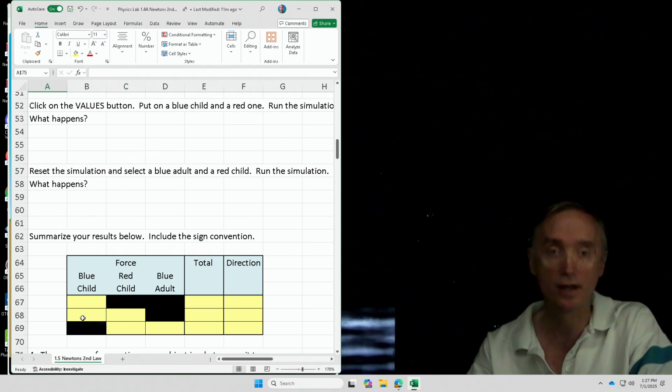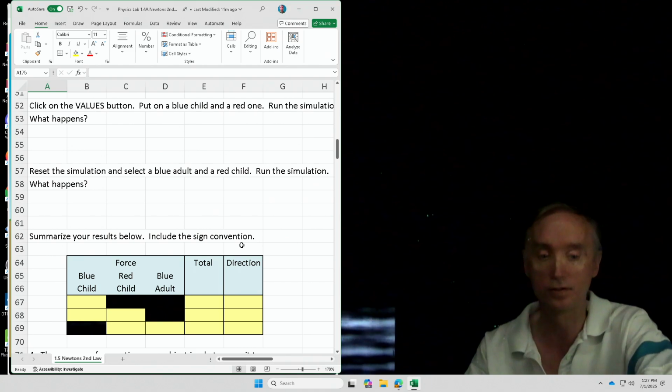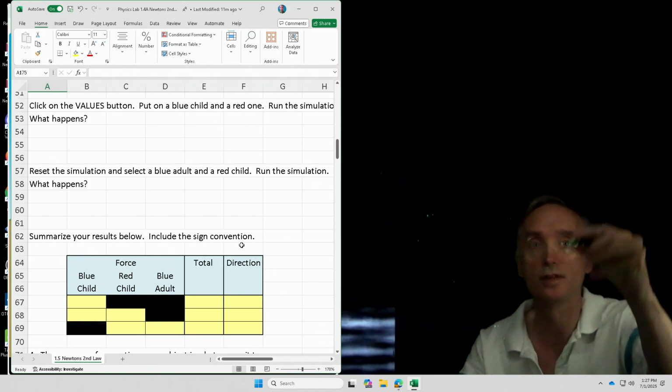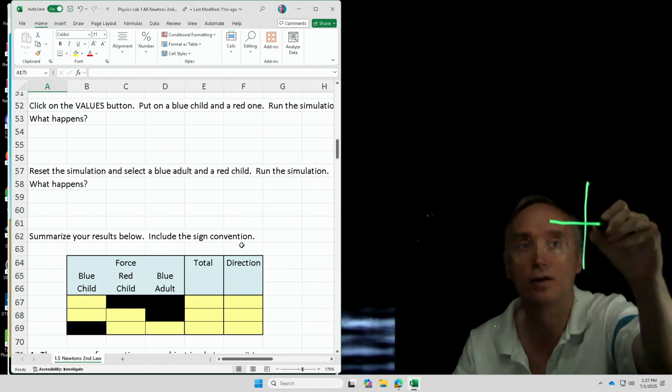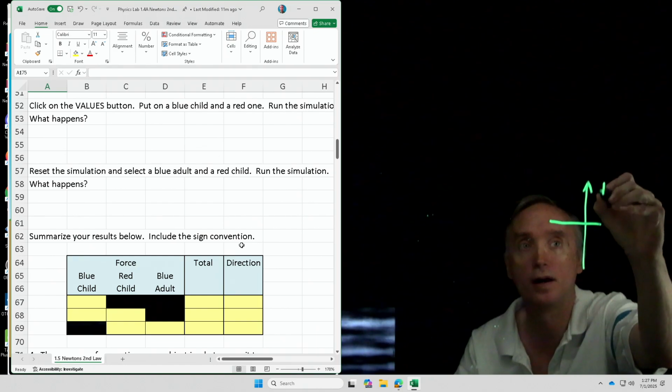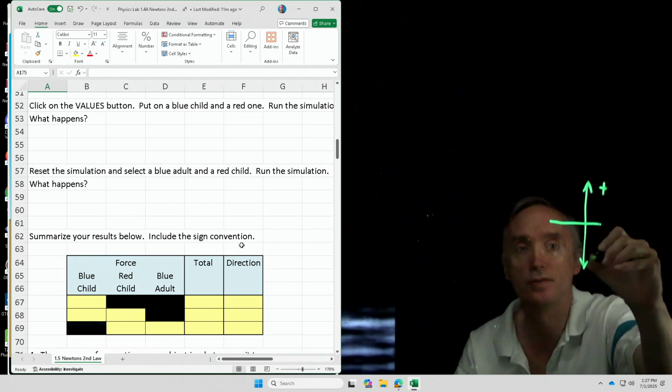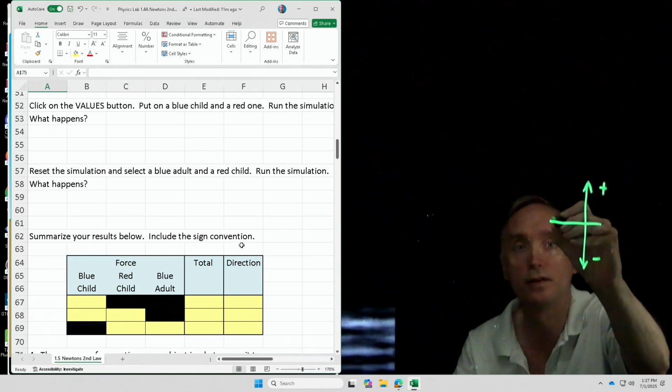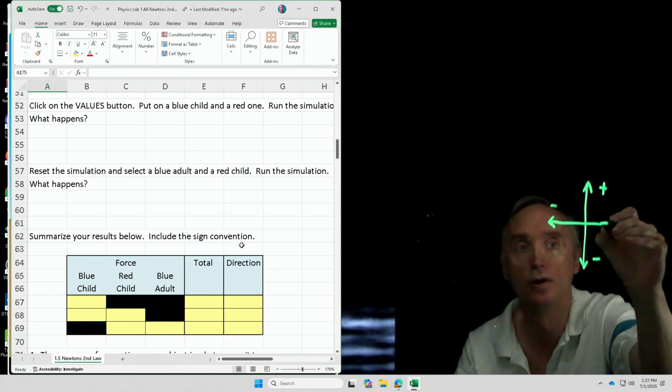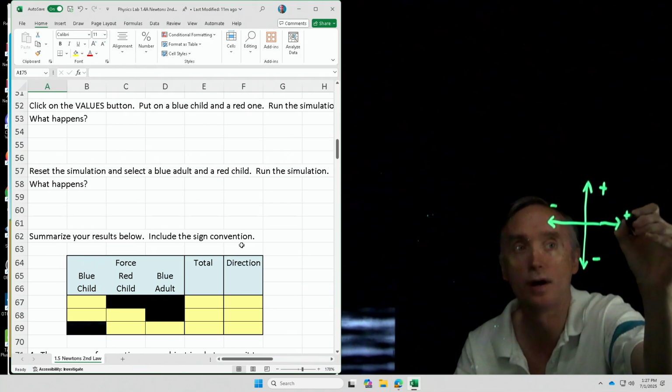You're going to want to put down the magnitude of the force here and here, and include the sign convention. Do you remember what the sign convention is? Things that are going up are positive, down is negative, to the left is negative, and to the right is positive.